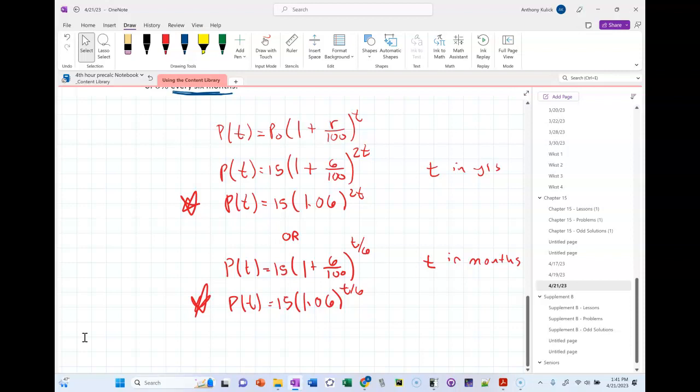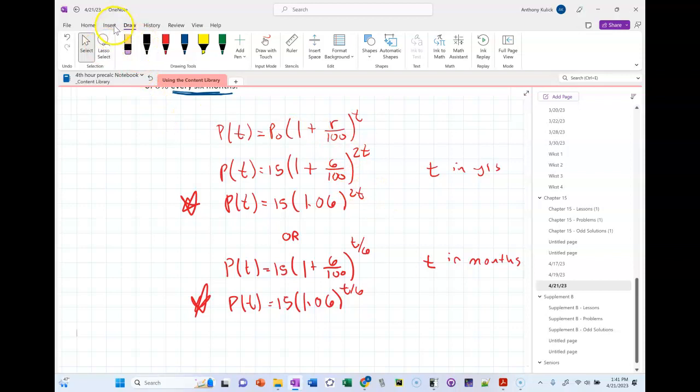Everybody's okay with how to deal with a varying time period? You have a little bit of choice as to what unit you want to use, but you have to make an adjustment for how often that increase or decrease is happening, right? And as you guys see, it's usually easier to think about picking your unit of time to be bigger than whatever the increase or decrease is happening in, but that's not always reasonable.